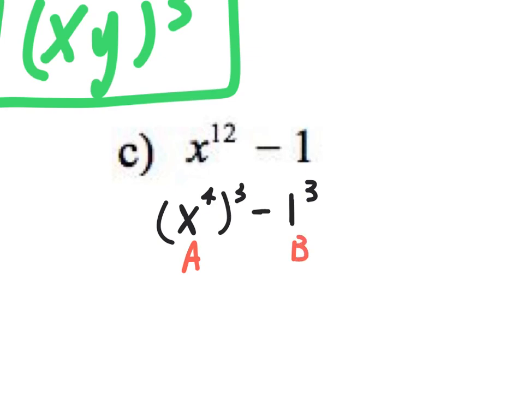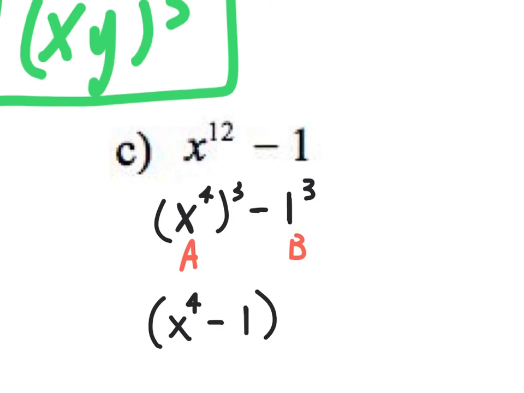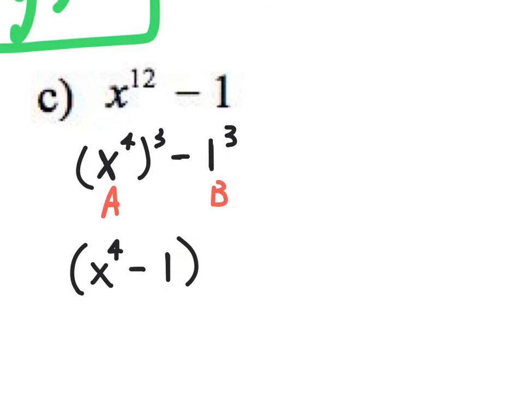So what you have then is x to the 4th, same sign, minus 1. Uh-oh, I noticed something now. Once I do that, x to the 4th minus 1 times x to the 4th quantity squared. So square that.